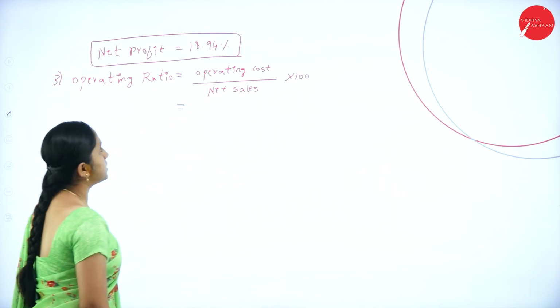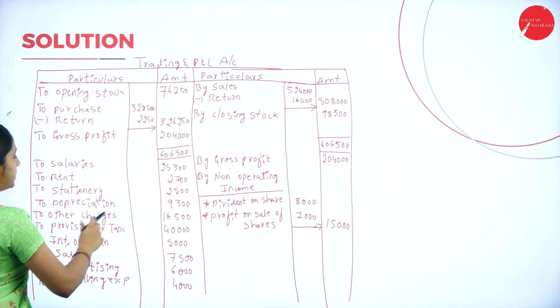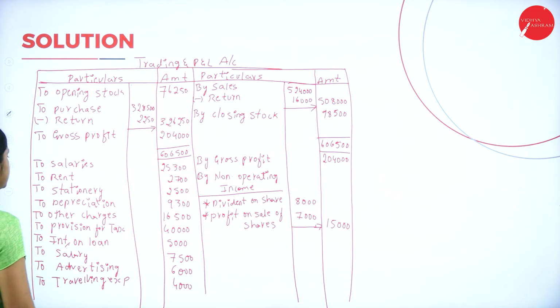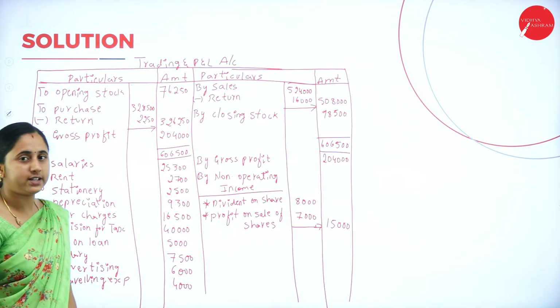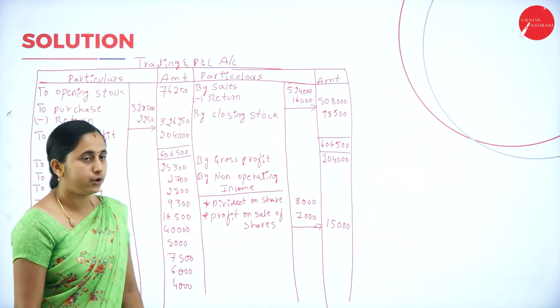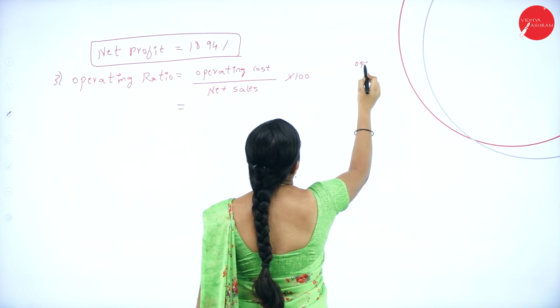So operating cost is equal to all the salary, rent, stationery, depreciation, other charges, provision for tax, interest on loan, advertising, traveling expenses. All the total of this profit and loss account is considered as operating cost.